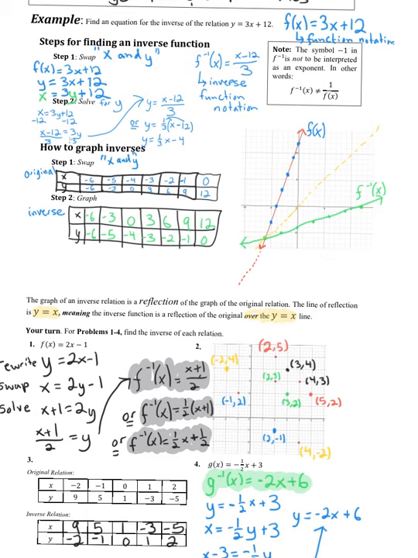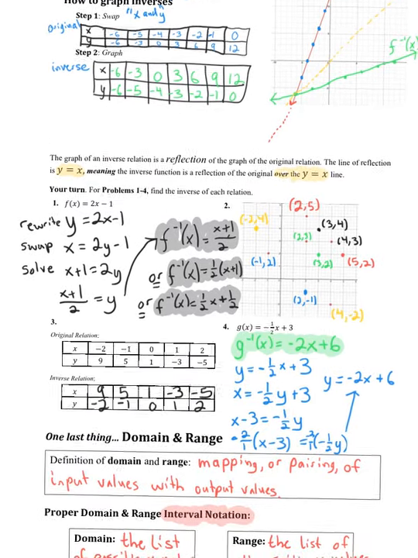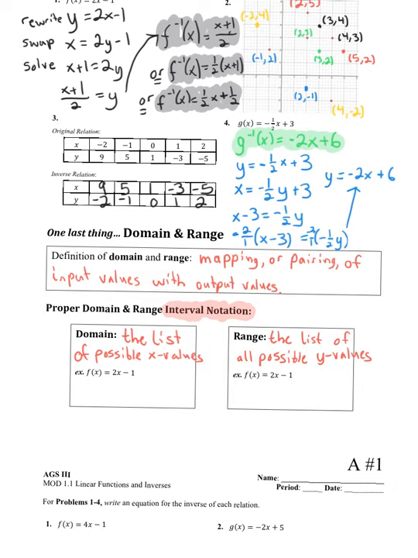So that's how domain works. And with linear functions, the domain is actually really easy because it's always, always, always going to be all real numbers. So when I'm writing domain, I'm just going to do a capital D like that. That represents domain. And when I'm writing range, I'm going to do a capital R like that. That represents our range.